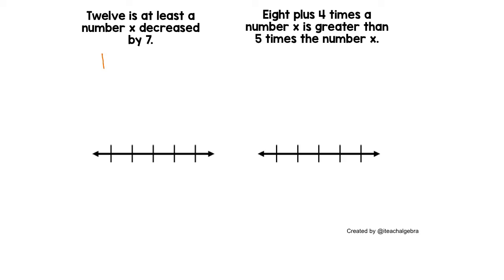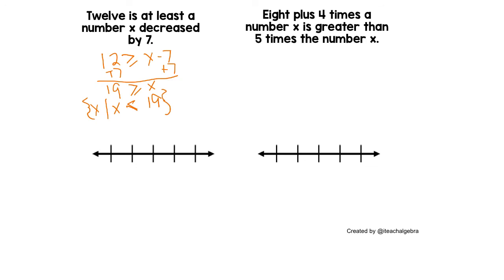12 is at least, greater than or equal to, a number x decreased by 7. Well, to get x alone, we got to add that 7 to each side. And we've got 19 is greater than or equal to x. So we got to flip it around again. x and 19 trade spots. The point is pointing at x, so we have to keep it that way.